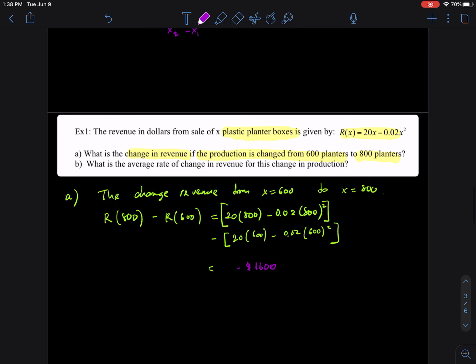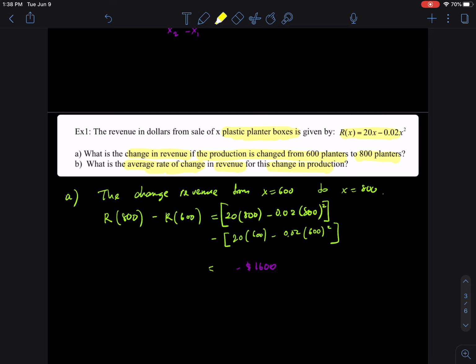Part B is asking for the average rate of change in revenue for this change in production. So if the company produced from 600 planter boxes to 800 planter boxes, overall, what would be the average change in revenue for these 200 units of increments?